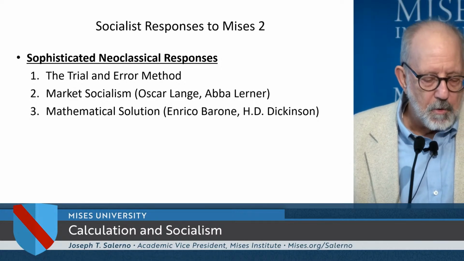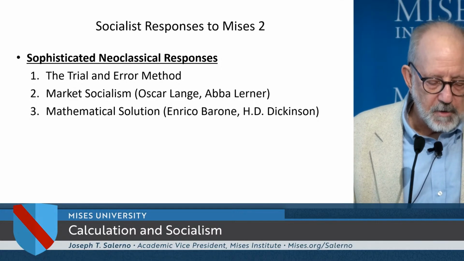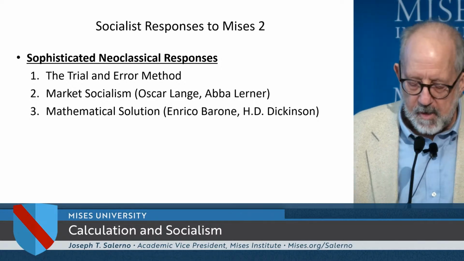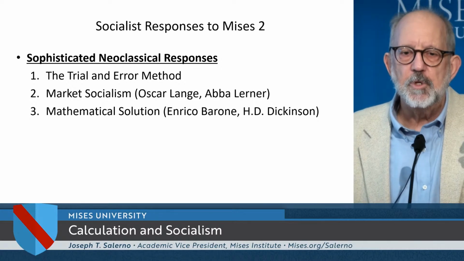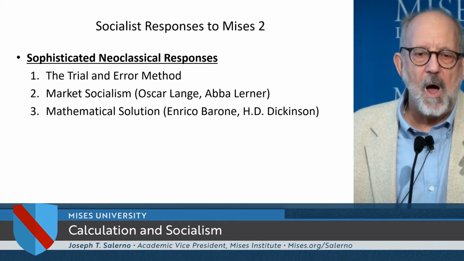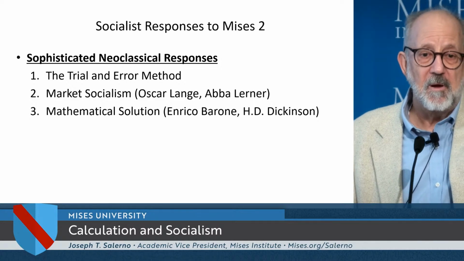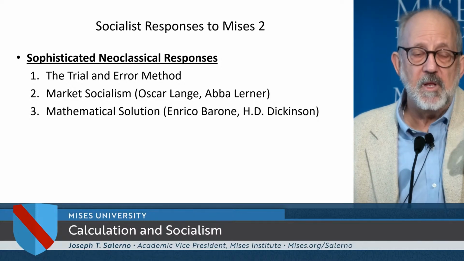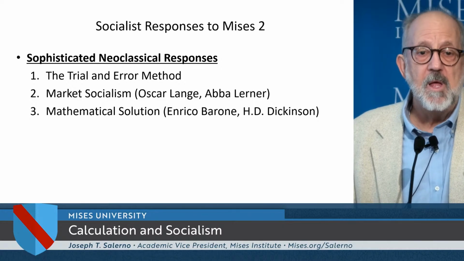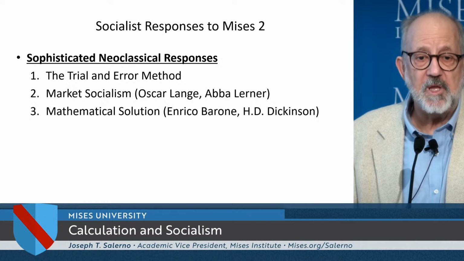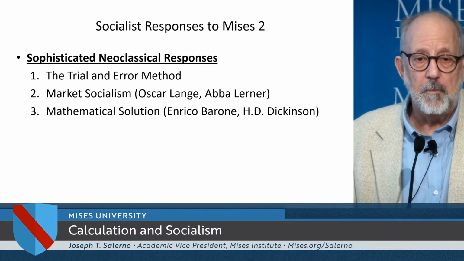People who are followers of Mises, like Robbins and Hayek, pointed out that even if this solution could work, it would take a while. How often are they going to change prices from the center? Central planning of prices, every 2 months, every 3 months. The market economy does it on a daily or moment-to-moment basis. They change prices as we see disequilibria.